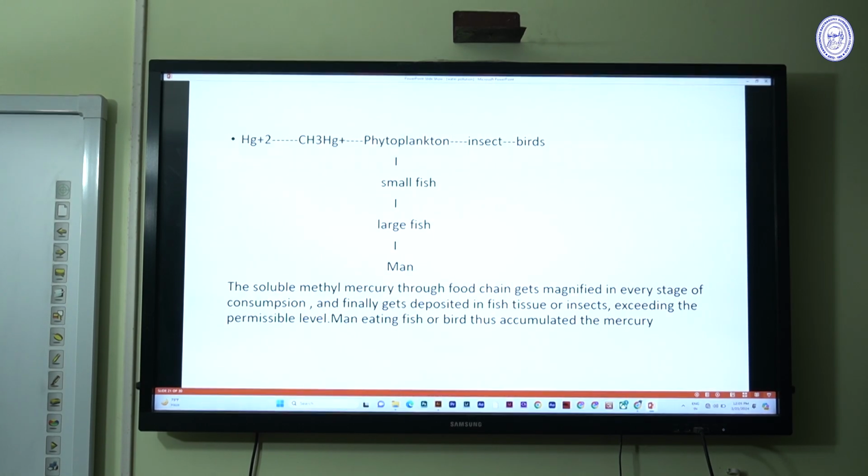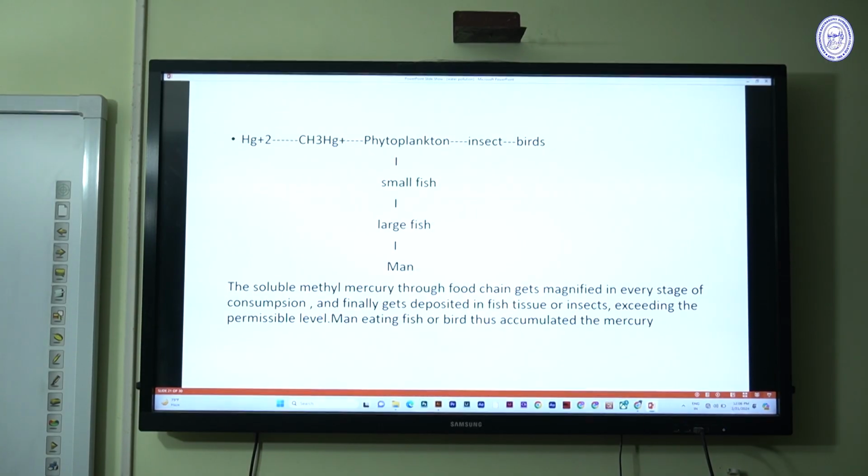How does this enter the food chain? Mercury is converted to methyl mercury by anaerobes, then they are eaten by phytoplankton. These are eaten by insects and birds, and phytoplanktons are also eaten by small fish, which are eaten by large fish, which are eaten by man.